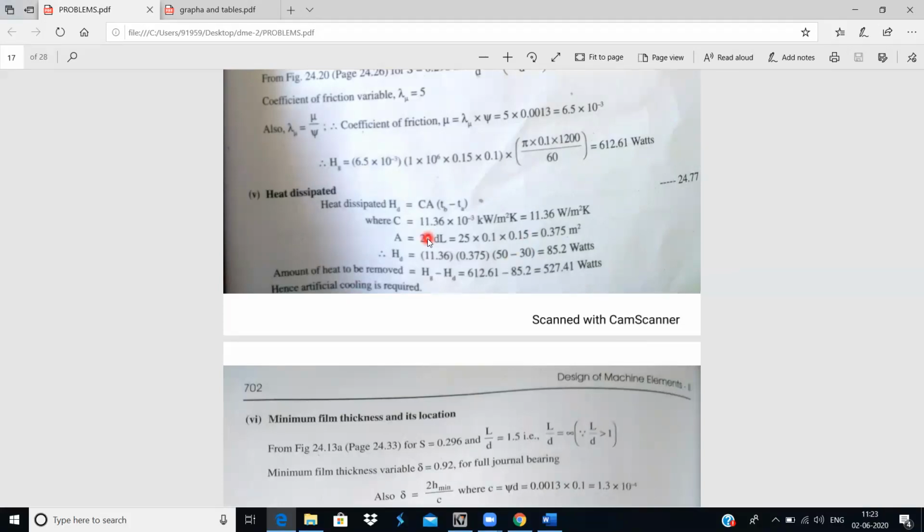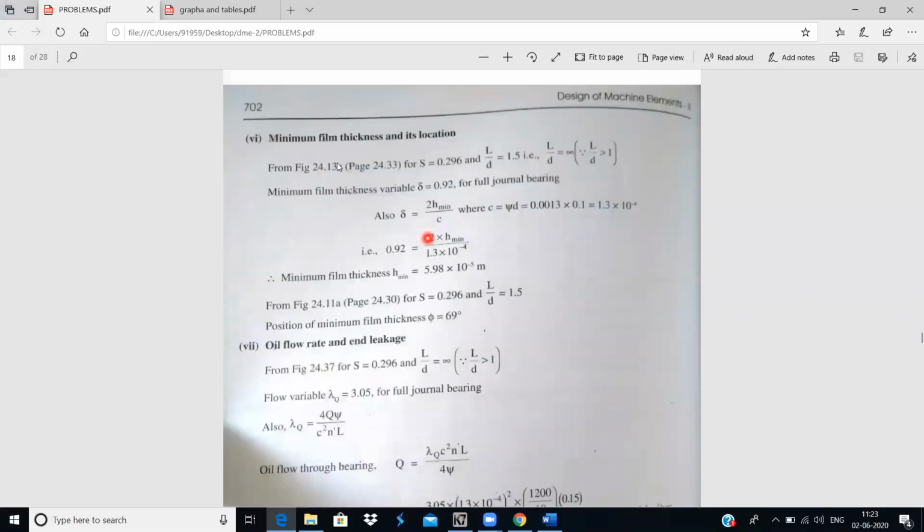Next step is, we are going to find out minimum film thickness H minimum and its location. So here also by using the figures we are going to calculate. So the formula to calculate H minimum, this is the formula, delta is equal to 2 H minimum by C. This is the formula we are going to use to calculate H minimum.